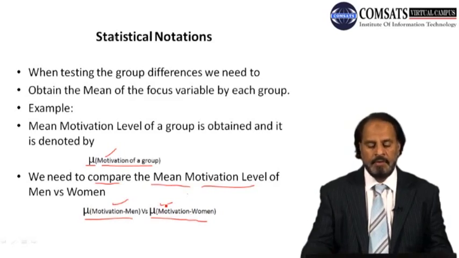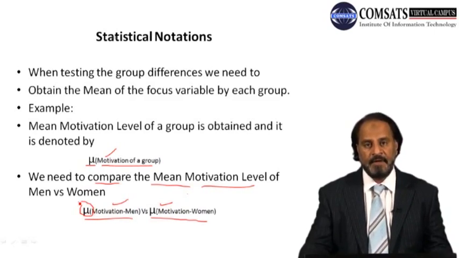The mean, as we know, is obtained based on the data we collect in our research. Of course the mean is going to be obtained a little later when we collect the data, but while stating our hypothesis statements, we use these notations to represent what we are going to do, what sort of test we're going to apply, and the relationships or tests.